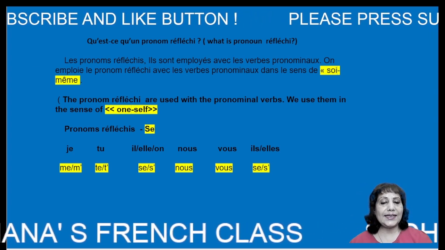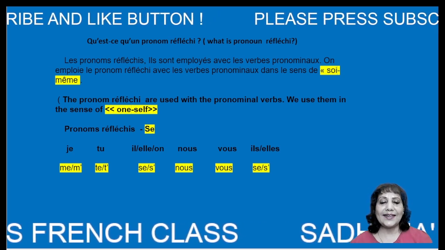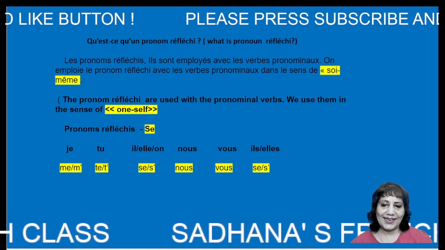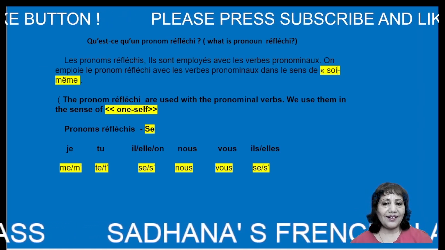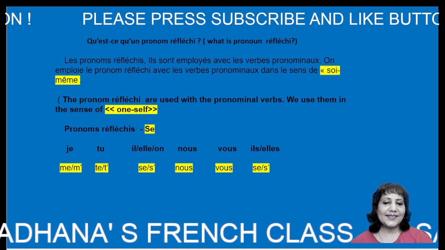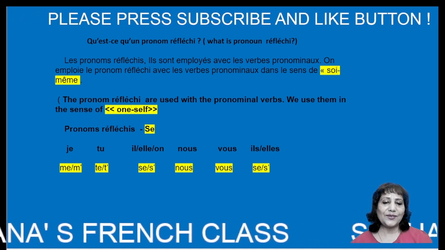So the second nous in the sentence is the reflexive pronoun and the first nous is the pronoun subject. All right, vous vous, and the third person plural is again like its singular brother.